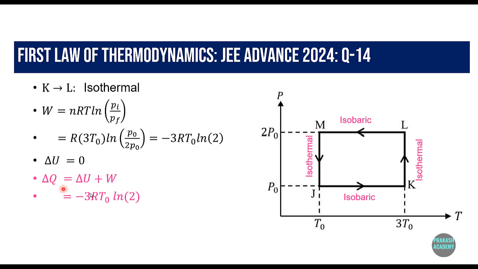So dQ equals minus 3 R T naught ln 2. So that was option R, heat given to gas in process KL. Basically this heat is ejected because we have a minus sign. But we have to write the answer, so we can put it with the minus sign. So that will be minus 3 R T naught ln 2.